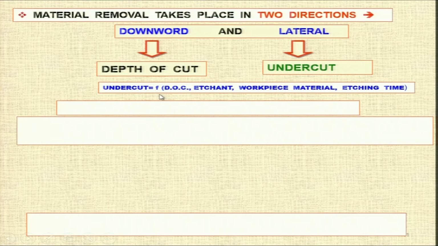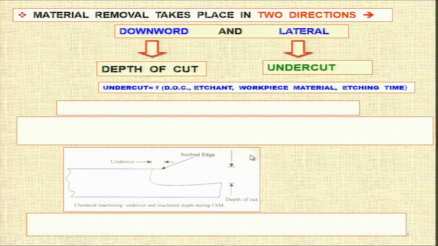Undercut is a function of depth of cut, the type of agent you are using, properties of the workpiece material, and etching time. You can see over here in this figure, up to this point you have the maskant layer or photoresist layer, and cutting should be done only up to this point.